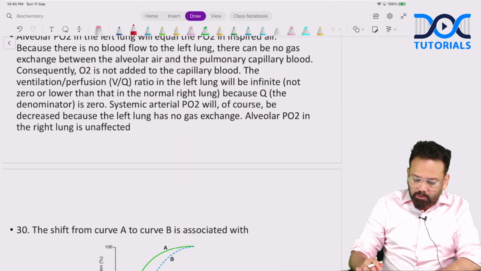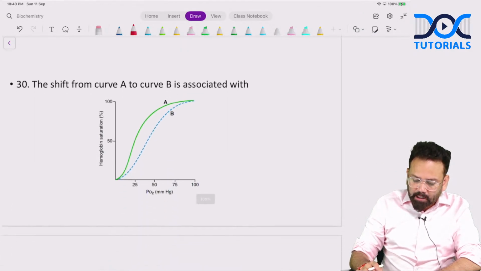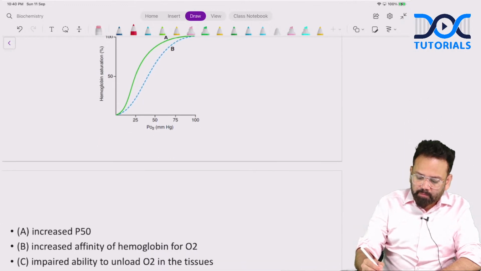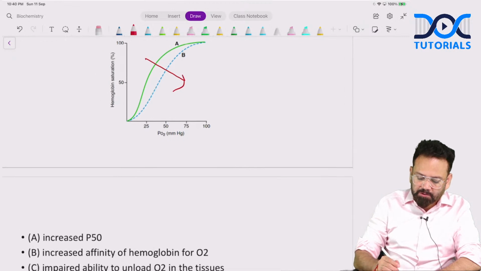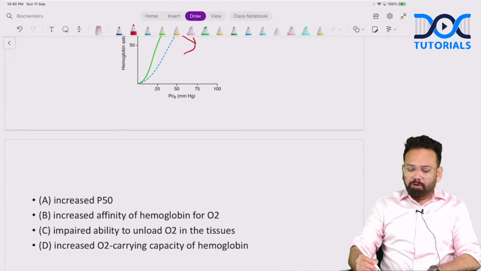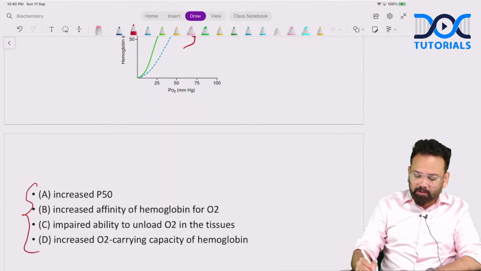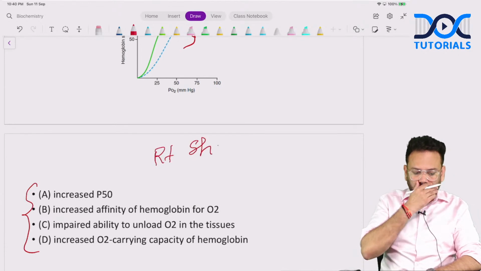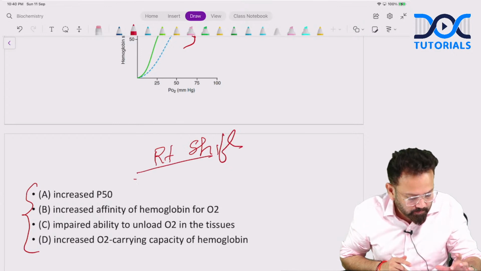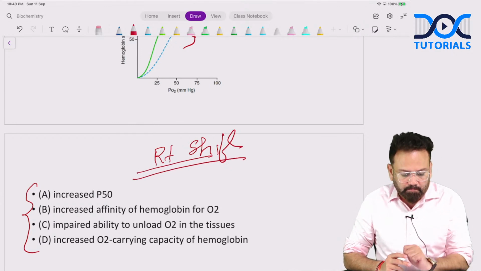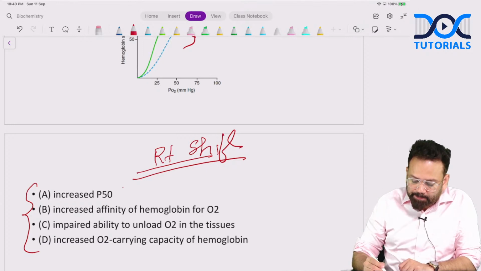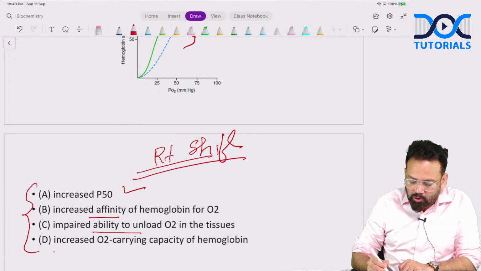Now, the last question, curve shift from A to B. Again, right shift of the curve will happen in which option? Which option is telling you right shift? I have already discussed. Right shift of the curve: increase P50, increase affinity, increase unloading or increase oxygen capacity.